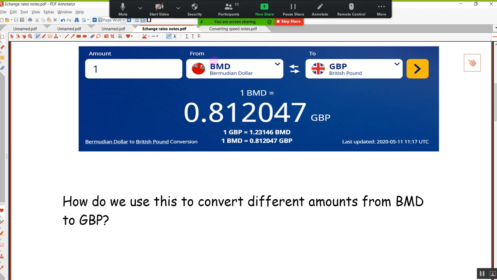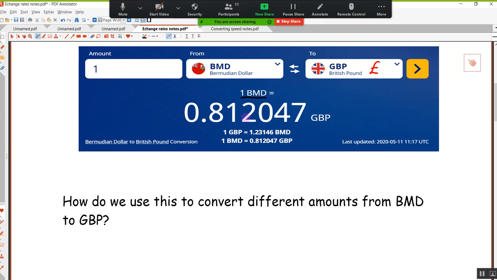We don't use the symbol, we just do it in letters because it's easier. But what this is telling me, you can see it under here as well, is that 1 Bermudian dollar would get me 0.812047 Great British pounds.